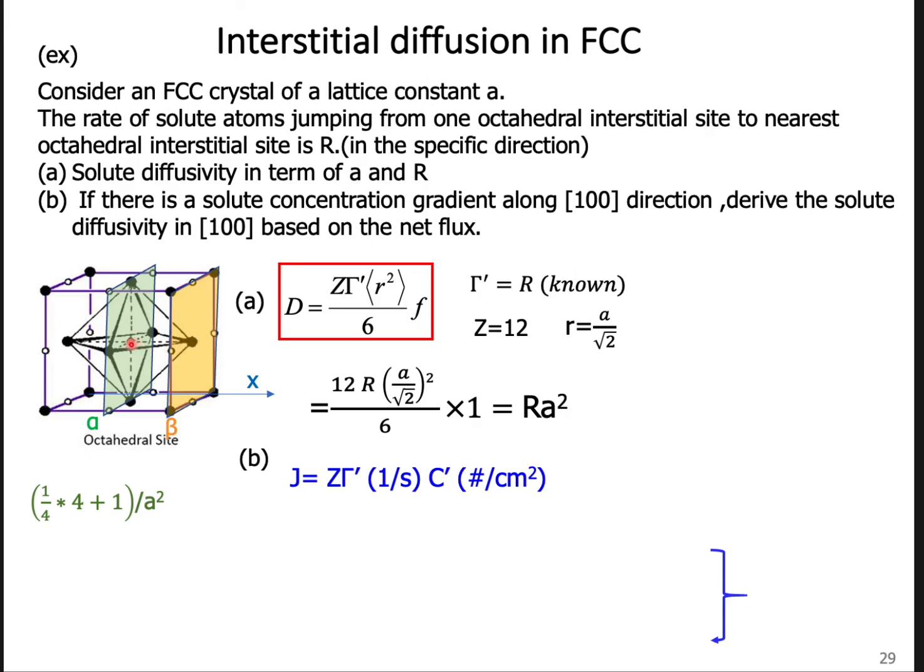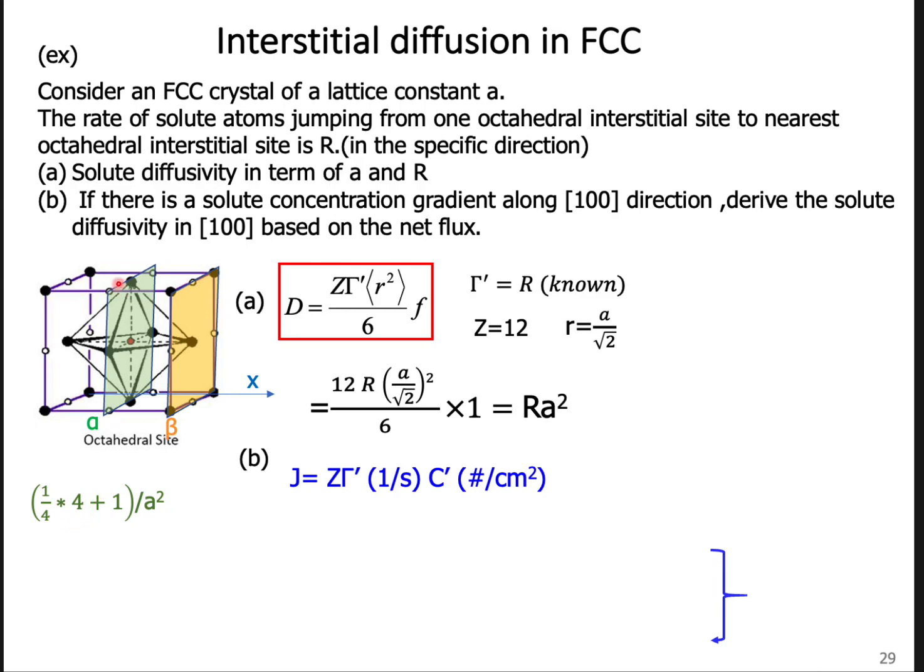Each interstitial at the corner has 4 possible jump directions, and these 4 directions are parallel, so we only have 4. Let's check this one: 1, 2, 3, 4. Actually, also the same, the same directions for all these atoms.